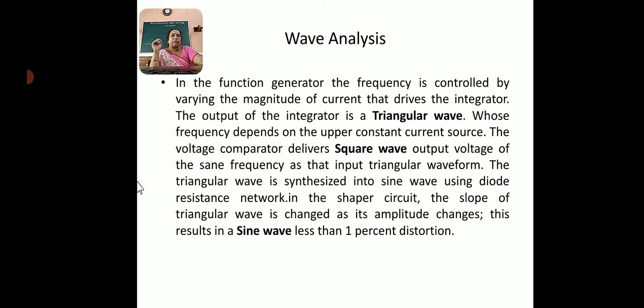A very common frequency range of a function generator is 0.01 hertz to 3 megahertz. And how to analyze the wave? Actually, four types of waves are generated by using the function generator.